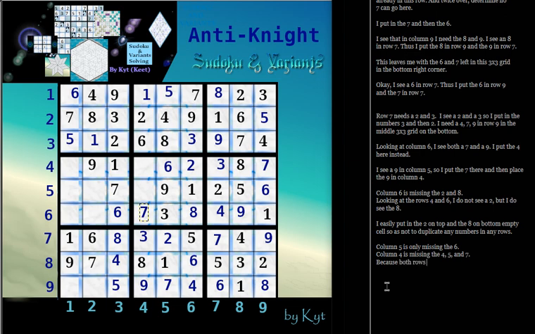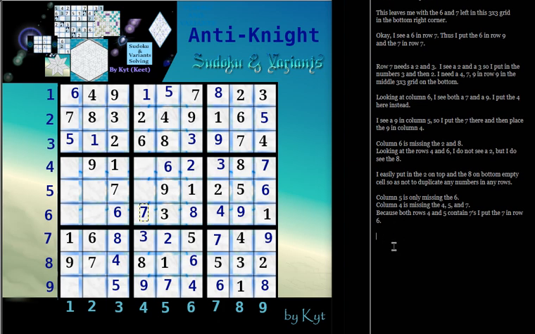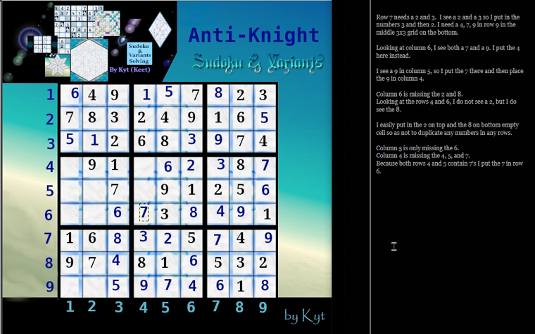Because both rows 4 and 5 contain the 7s, I put the 7 in row 6. The 5 exists in row 5, so I put the 4 in row 5, as I am also missing the 4, and then put the 5 in row 4.